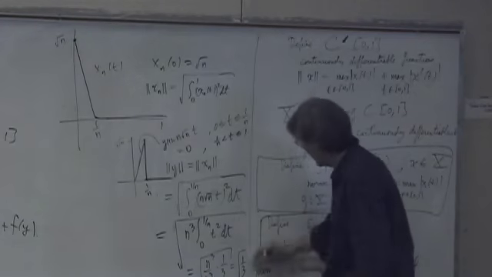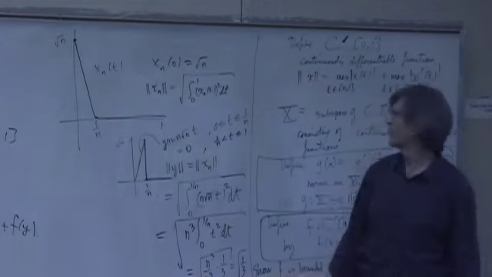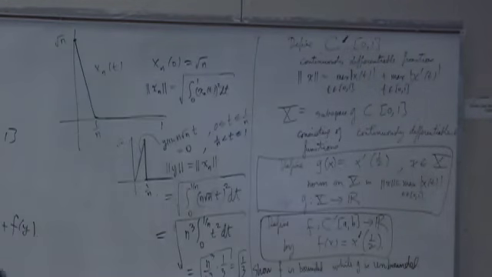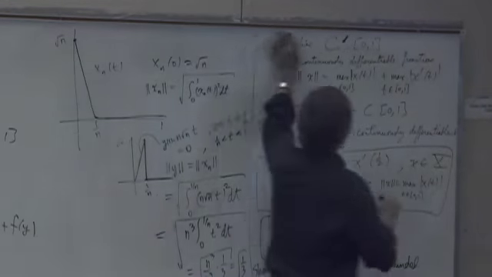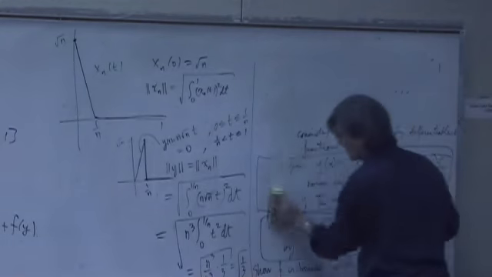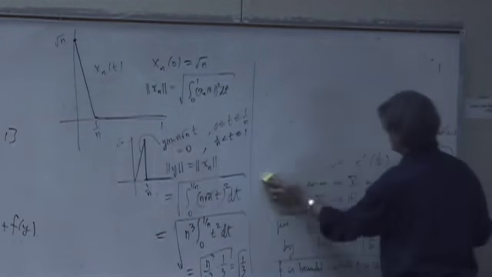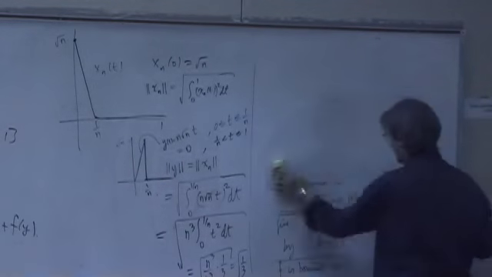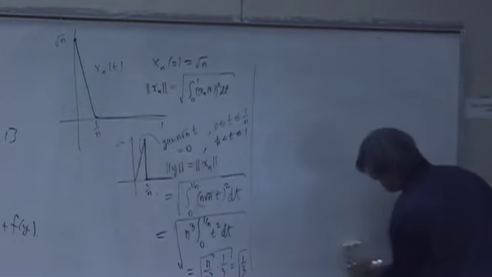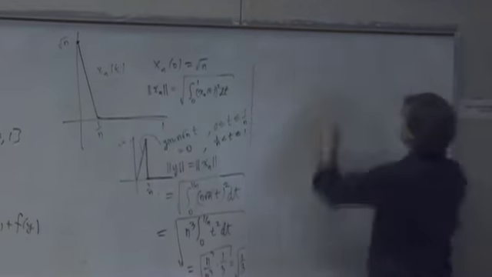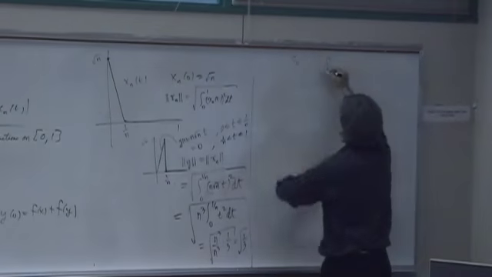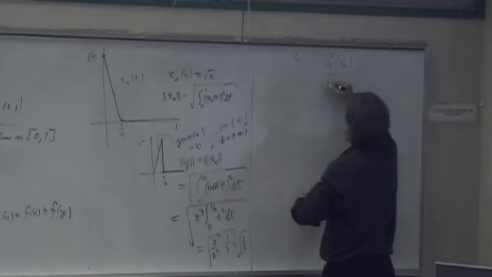It's a number that is constant, whereas xn of 0 is the square root of n. So what's the functional F of xn divided by the norm of xn?